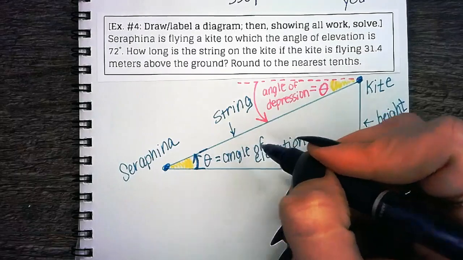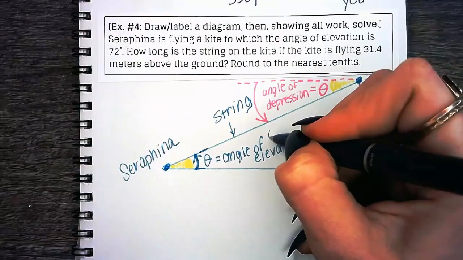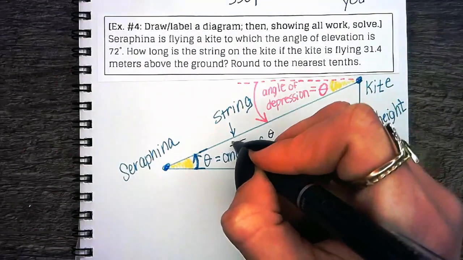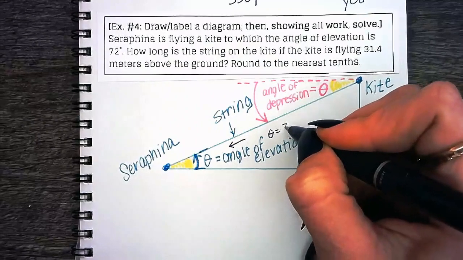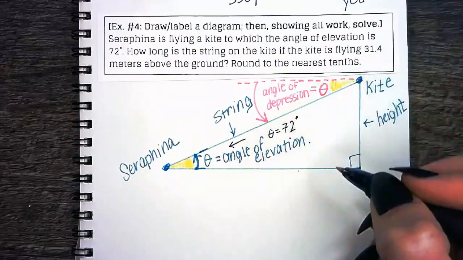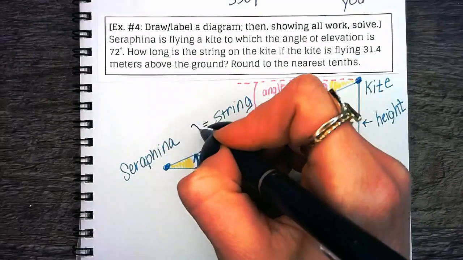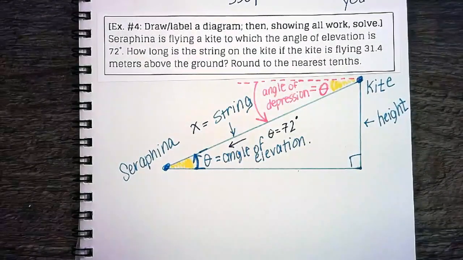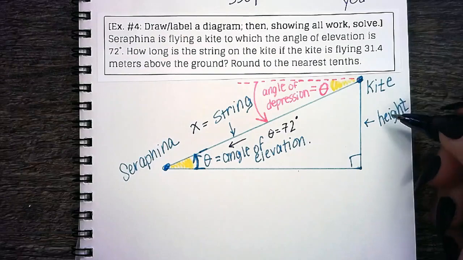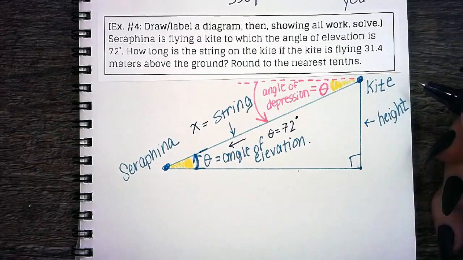The angle of elevation, theta, still that angle over here, equals 72 degrees. How long is the string? Well, I'm going to use x instead of s because s's look like 5s. How long is the string if the kite is flying 31.4 meters?